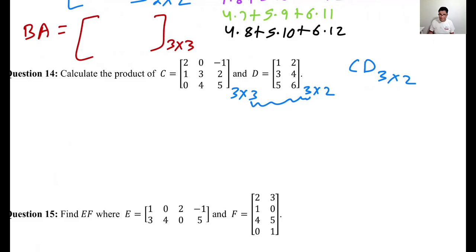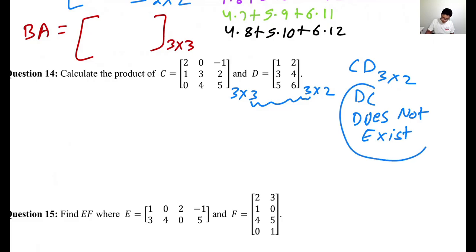But DC, if you try to multiply, it will be 3 by 2 times 3 by 3. Now that does not exist. D and C that way are not compatible.